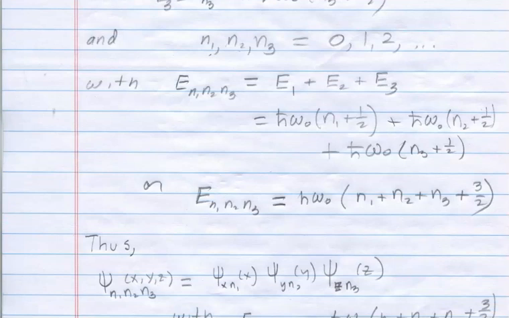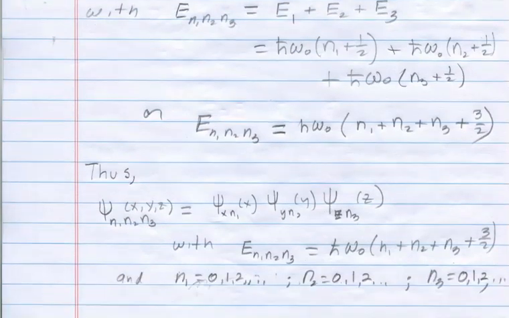The total wave function is just the product of those. But again, I can choose different n's for each one, for psi x, psi y, and psi z. And I've got the eigenstates, characterized by 3 quantum numbers, and the corresponding eigenvalues of energy.